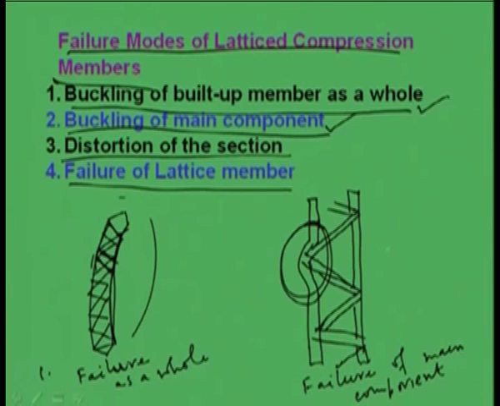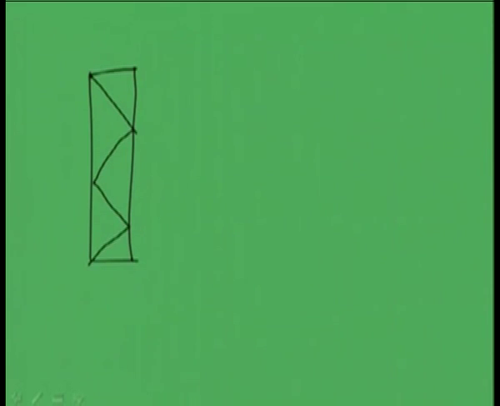Another failure is what we call distortion of the section. Distortion of the section means, suppose two members are laced like this. Now, if I see the cross section of this, it comprises 4 angle sections, right.